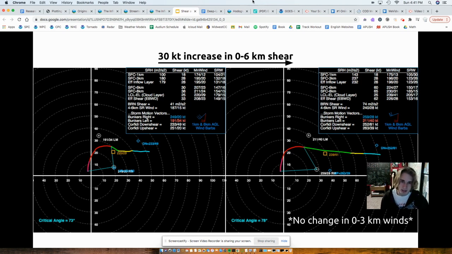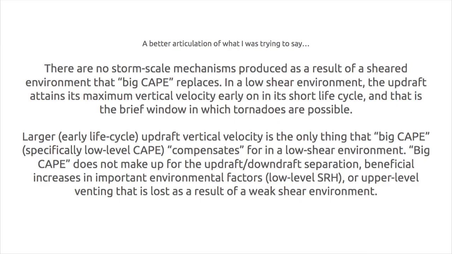Greensburg wasn't compensating for a lack of shear, it was just using the vertical vorticity in the environment to produce that monstrous EF5 tornado. Big CAPE in the presence of deep shear doesn't explain events like Greensburg. Big CAPE and vertical vorticity in the presence of weak shear do, but then the shear doesn't really have much to do with it at that point. So that's just a little tangent about big CAPE that people always talk about.